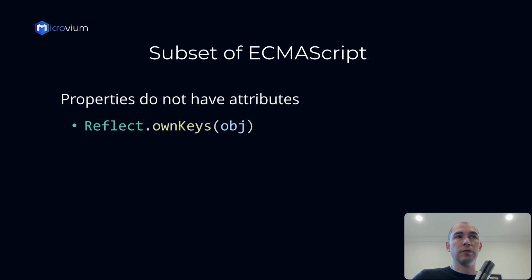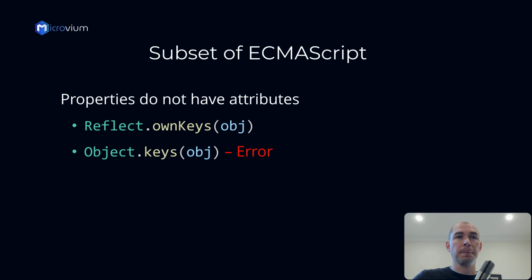So while you can use something like Reflect.ownKeys in Microvium to enumerate all the properties of an object, you can't use, say, Object.keys. The difference between these two functions is that the latter returns enumerable property keys, but Microvium doesn't record property attributes, so it doesn't know which properties are enumerable and which are not, and so this function is just not supported.